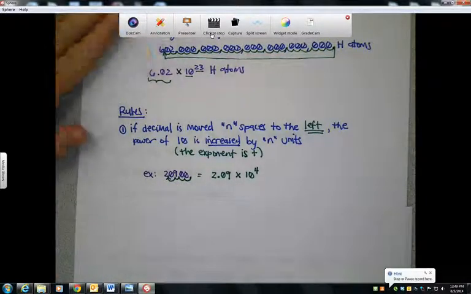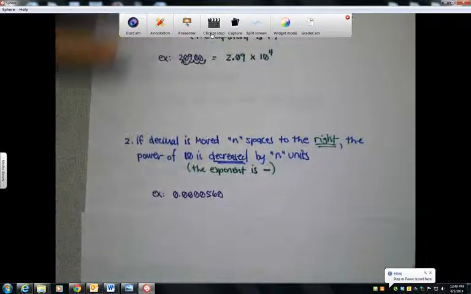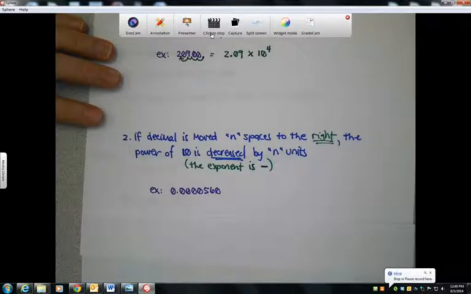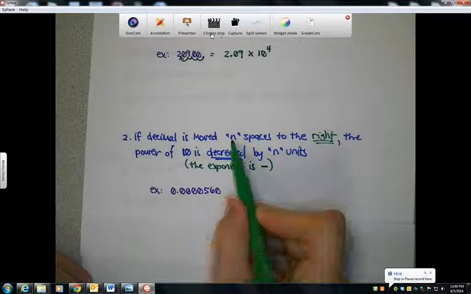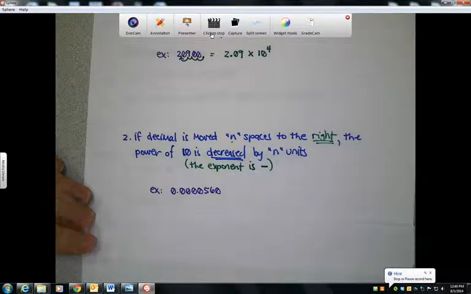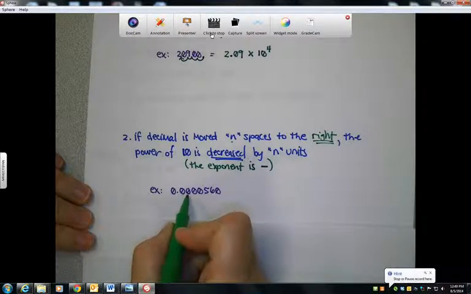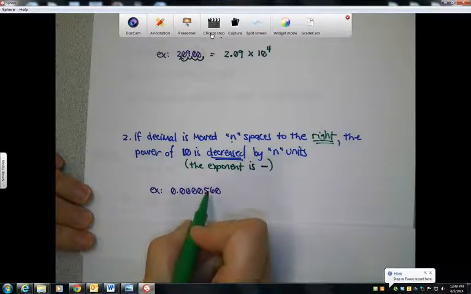Now, what if the decimal is being moved to the right? If you're moving the decimal a certain number of spaces to the right, then your power of 10 is going to be a negative number. So here's our number, 0.000560.